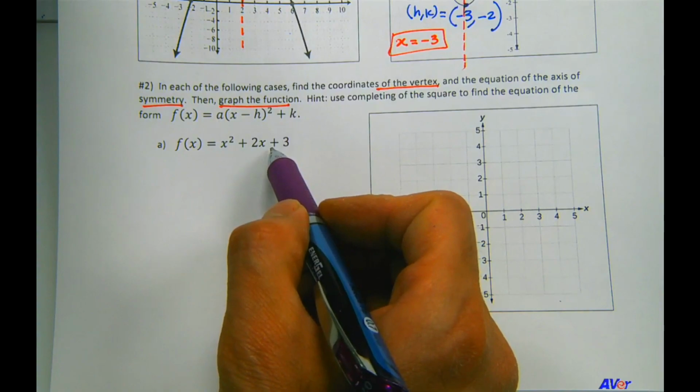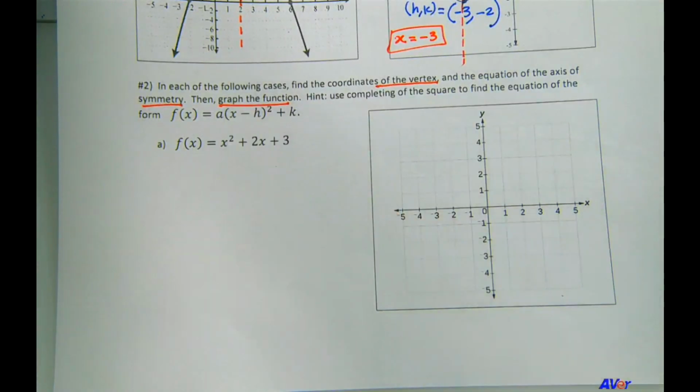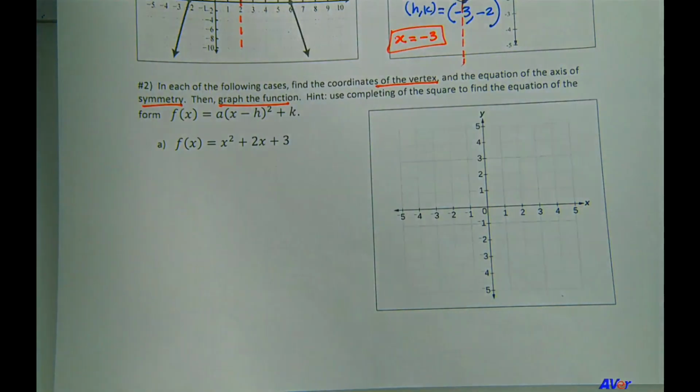That would mean we could bypass the completing the square method. So if we're interested in calculating the coordinates of the vertex of a quadratic function, we're going to have two tools at our disposal. One is the completing the square method, which we've learned about already. The second is coming up.